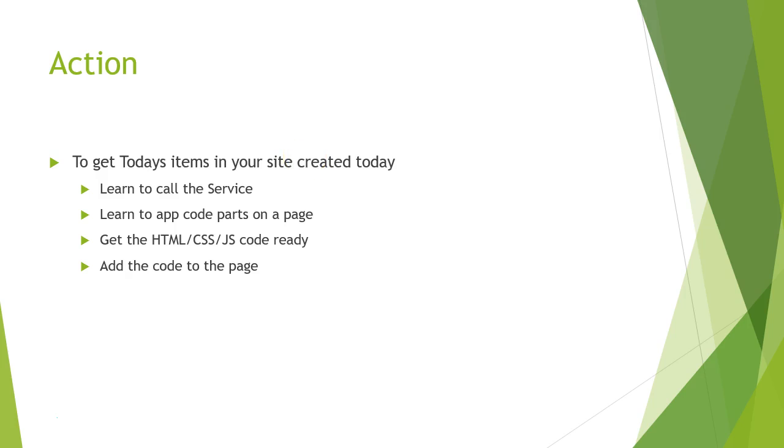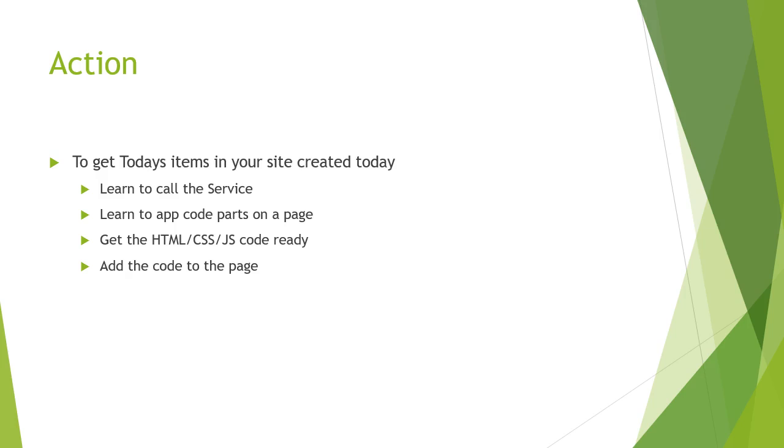In this particular tutorial, we will learn how to display today's items in the site which you created today. Many times you're working on various files and various items in SharePoint, and you might want to find out what are the items you've created today. What are the items you're working on today?